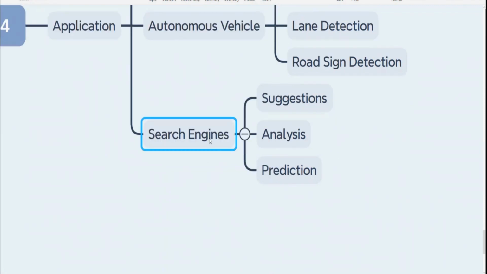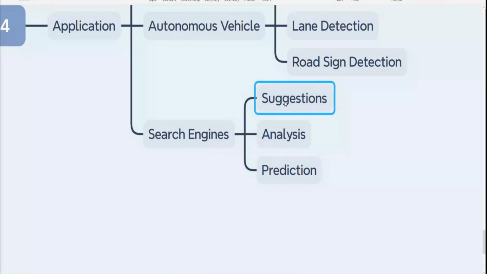Then if you come to the search engine, whenever you are typing some text, automatically it will give you suggestions. It will try to complete the text. Even if you give a wrong spelling, it will try to find the correct spelling and give you the result. So all this can be done in the search engine. Here also, AI is taking place, based on ranking methods and web crawling methods.